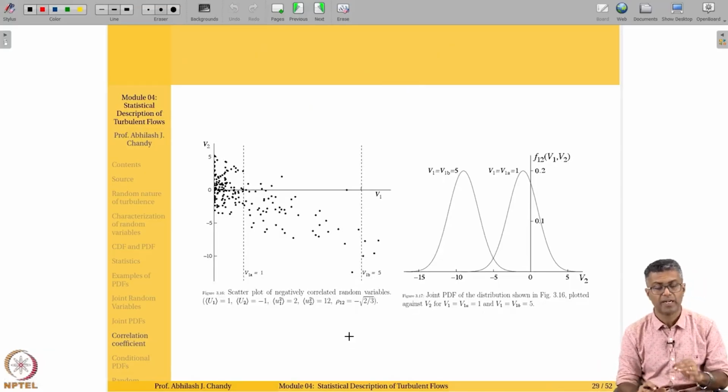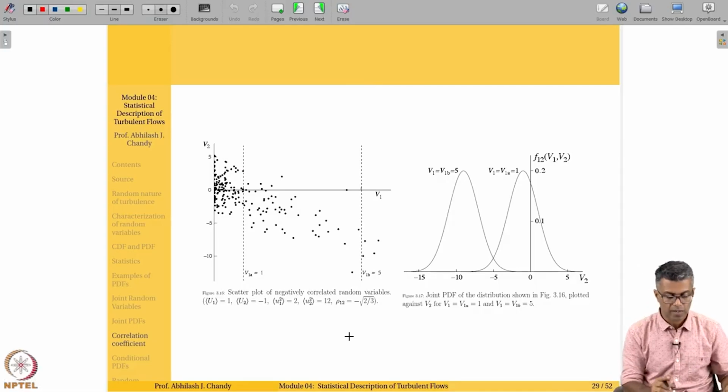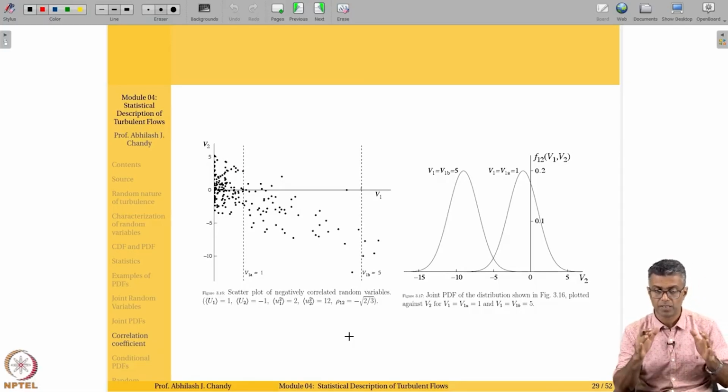On the left hand side, I have a scatter plot of u1, u2, and if you see here, this is a negatively correlated random variable. This is an example where I am considering negatively correlated random variables u1 and u2.